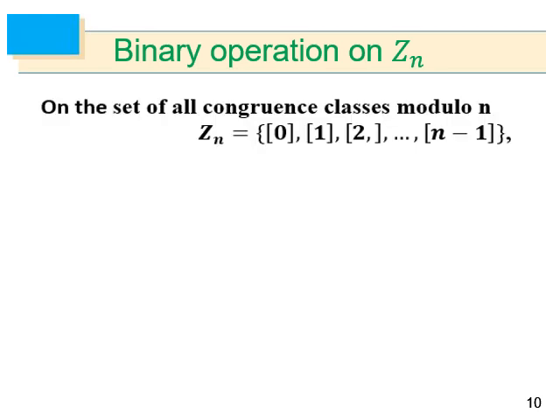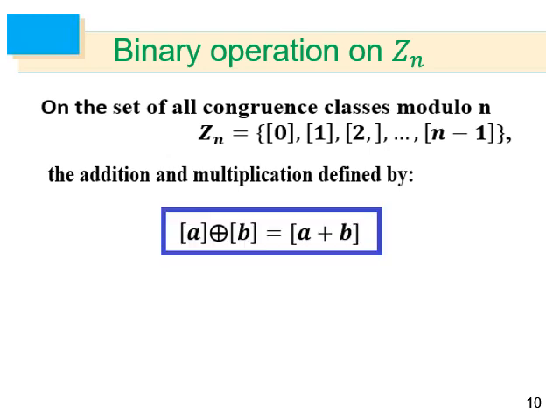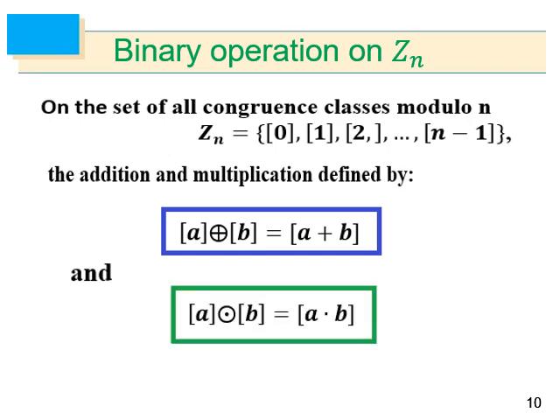On the set of all congruence classes modulo n, Zn, which consists of the equivalence classes 0, 1, 2, 3, up to n minus 1, the addition and the multiplication are defined by: addition of the two congruence classes A and B equals the congruence class of A plus B. The product is defined by the product of the two congruence classes A and B equals the congruence class modulo n of A times B.